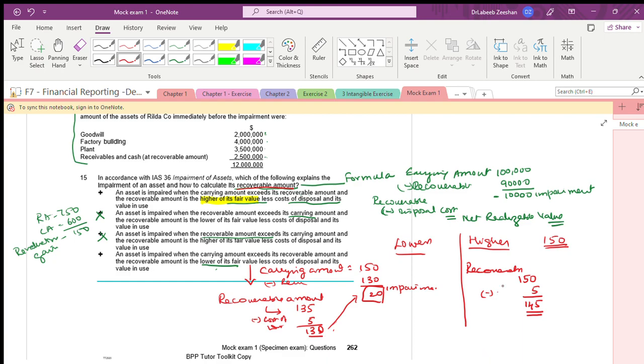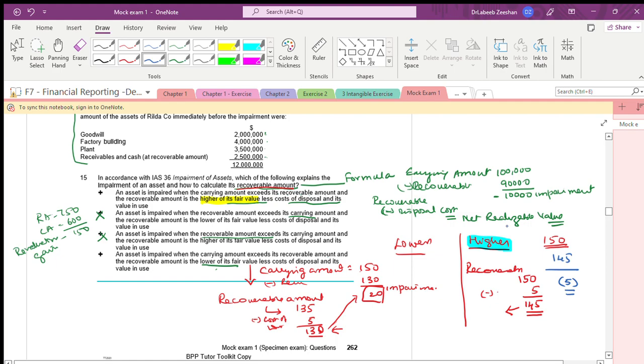Now, if you have two situations, which recoverable amount will you take? Are we taking the recoverable amount as 130 or 145? Definitely we will take the recoverable amount which is higher in value, not lesser, because if we take the higher recoverable amount of 145, the impairment loss will be 5.